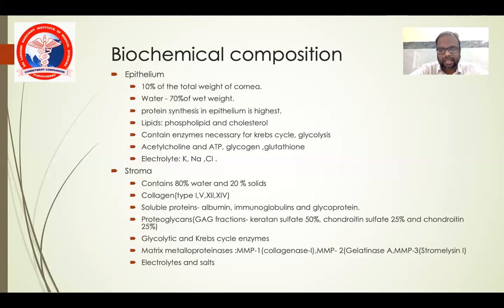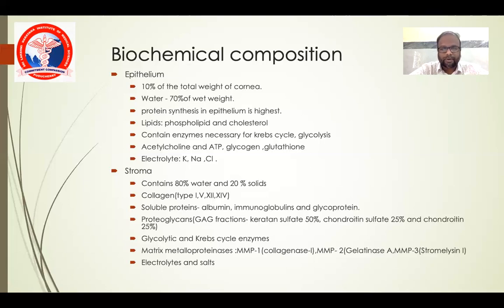As we all discussed in anatomy, the proteoglycans, that is, the glycosaminoglycan fractions, contribute the major proteins in the stroma. The glycosaminoglycans include keratan sulfate, which contributes 50% of the total weight of the stroma, followed by chondroitin sulfate and chondroitin itself contributing 25% each to the dry weight of the stroma.